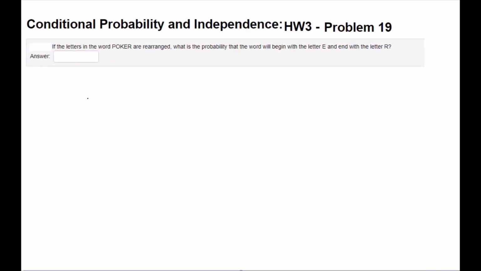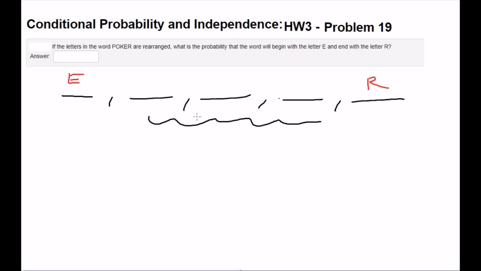Problem 19. If the letters in the word poker are rearranged, what is the probability that the word will begin with the letter E and end with the letter R? So we have 5 coordinates. And we would like the first letter to be E and the last letter to be R. And we don't mind what is in here, this combination. We know that in total we have 5 factorial combinations of letters, which is 120 words we can produce using these letters.